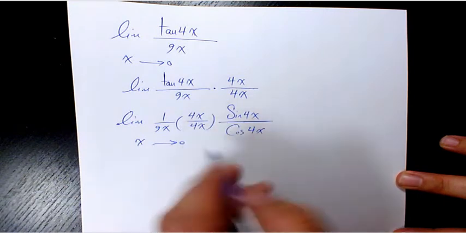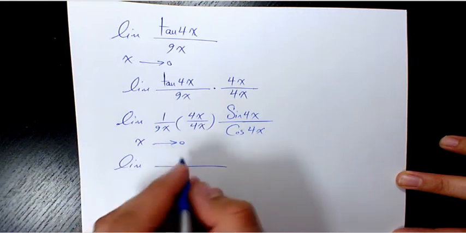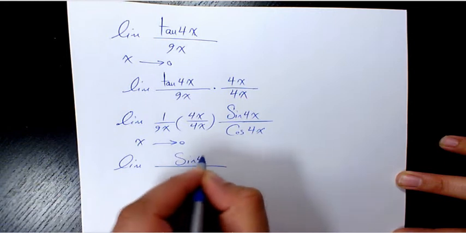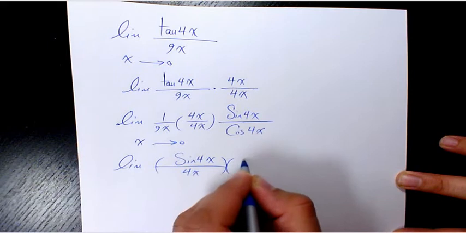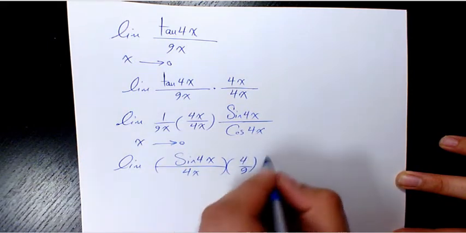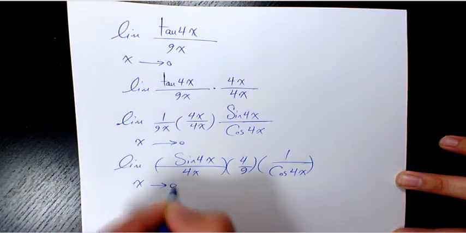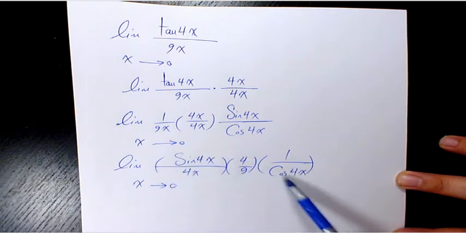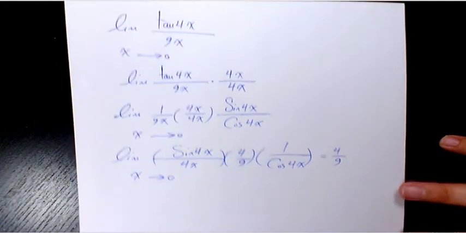Then these cancel out, so you're going to write it as sine 4x over 4x, times 4 over 9, times 1 over cosine 4x, and x is approaching 0. Sine 4x divided by 4x is going to be 1. Cosine 4x when x is approaching 0 is going to be 1 as well. So the answer is going to be just 4 over 9.